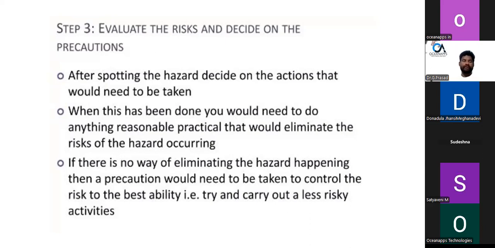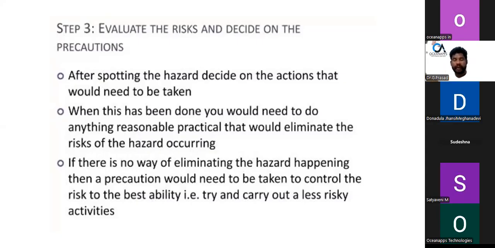Next, when this has been done, you would need to do anything reasonable and practical that would eliminate the risk of hazard. అంటే ఓకే, మనకు తెలిసింది, సో తెలిసినప్పుడు ఏం చేయాలి, మనం దానికి రీజనబుల్గా చేసి దాన్ని ఎంతవరకు మనం ఎలిమినేట్ చేయగలం ఆ హజార్డస్ థింగ్ని, అలాంటి జరిగే సిచ్యువేషన్స్, దాన్ని మనం సెకండ్ పాయింట్ కన్సిడర్ చేయొచ్చు. థర్డ్ వన్, ఇఫ్ దెర్ ఈస్ నో వే ఆఫ్ ఎలిమినేటింగ్, ఓకే, అక్కడ మనకి సిచ్యువేషన్ మనం ఎలిమినేట్ చేయడానికి ఛాన్స్ లేదు, then what is our alternative way?